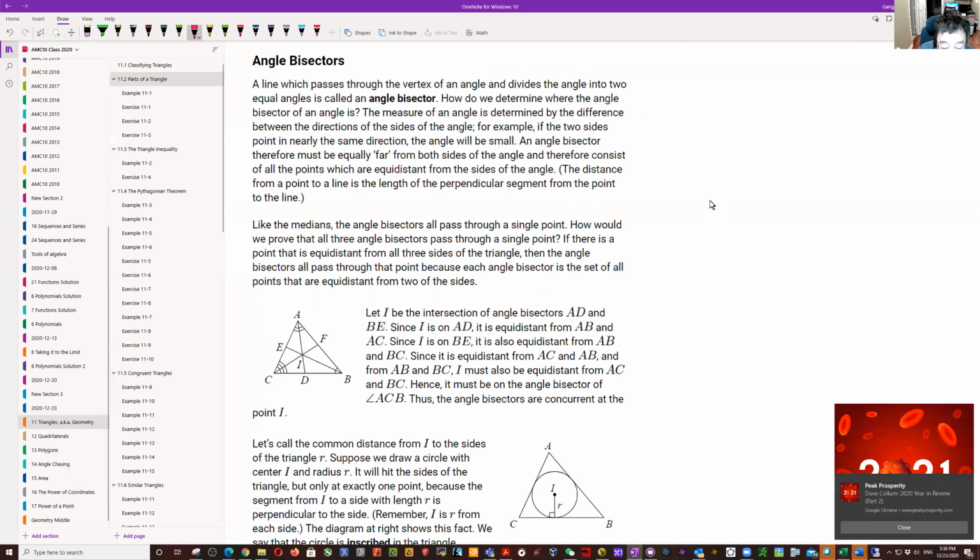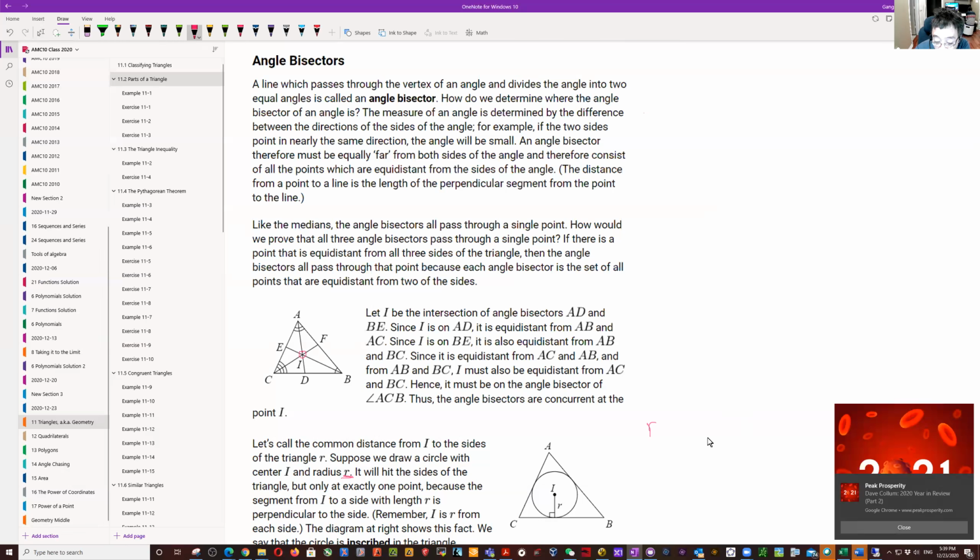They will intersect each other at the point called the incenter. From the incenter, you can draw an incircle. This incircle is tangent to all three sides.